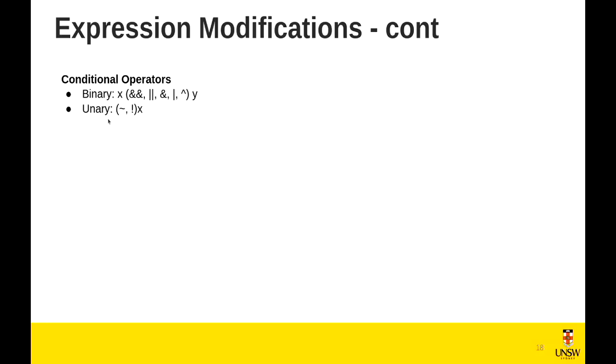And for unary operators, we can have not. This is not, and this means bitwise negation, which means that we are flipping the bit of x here. So we have these conditional operators, and we also have some relational operators.